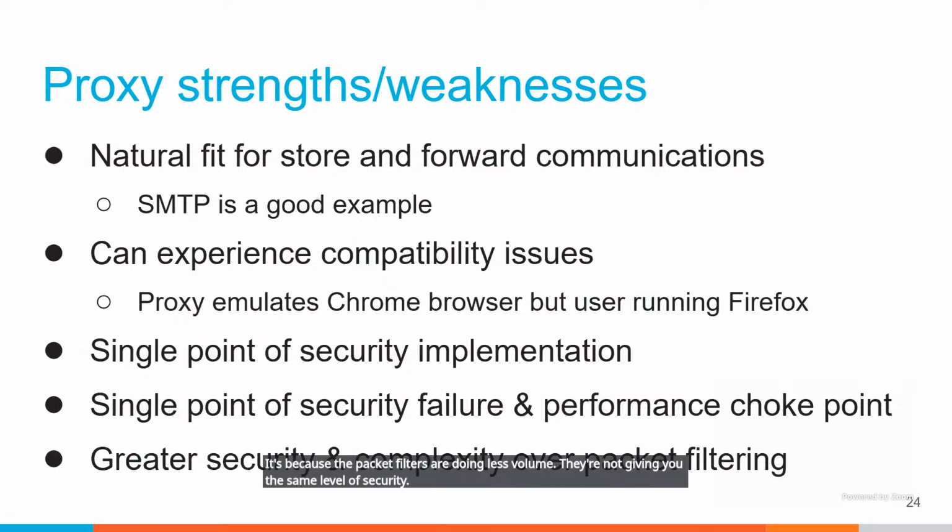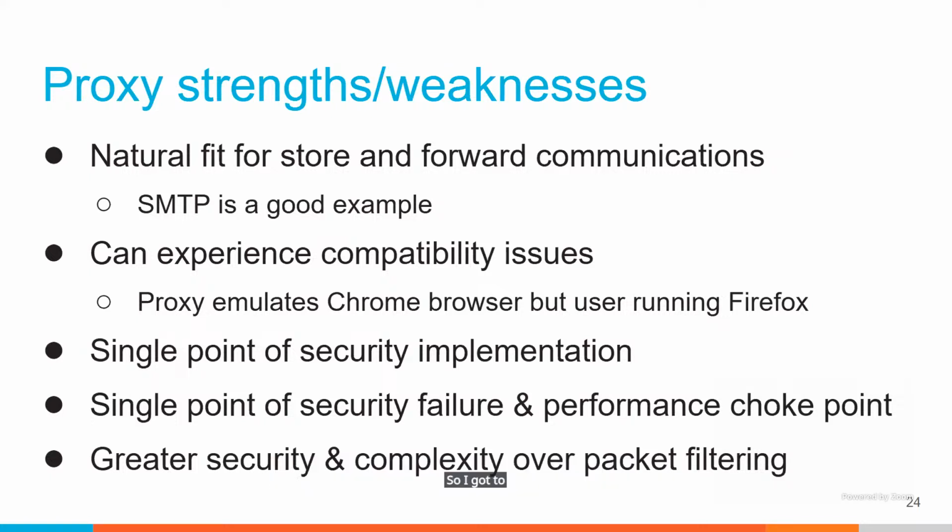It also can be argued they're creating a single point of potential security failure, right? If all my users are going out through a proxy and an attacker can get access to that proxy, it's possible they could start sniffing all the data that goes through it. So I got to make sure that box stays locked down. It can also be a single point of performance issues, right?